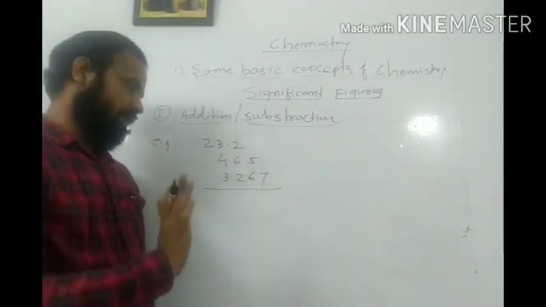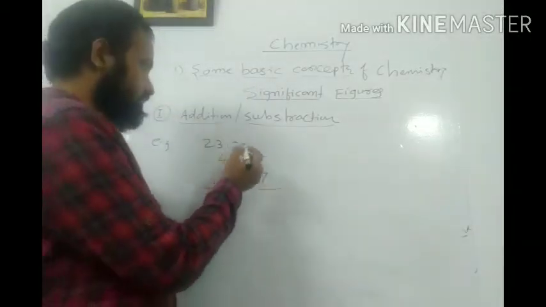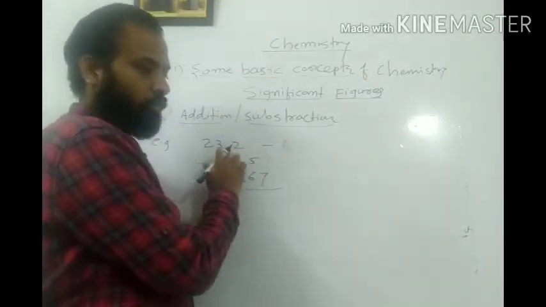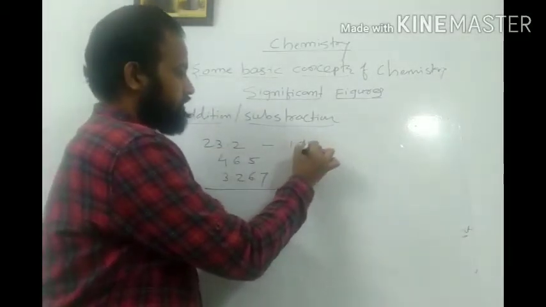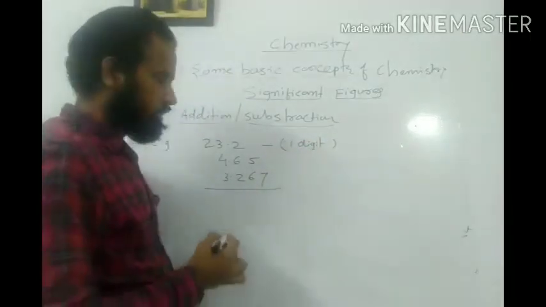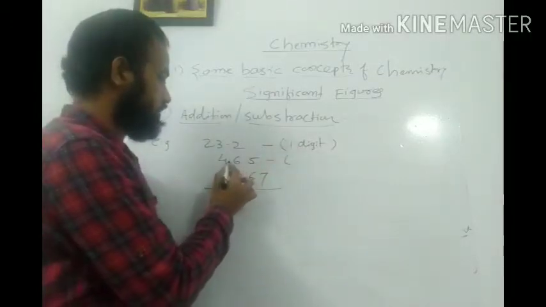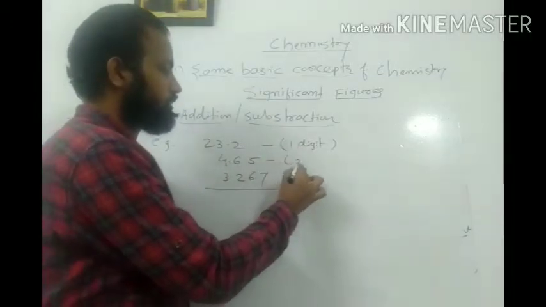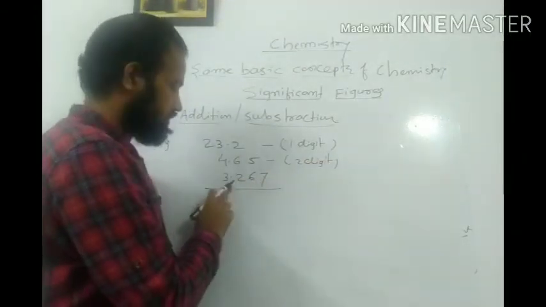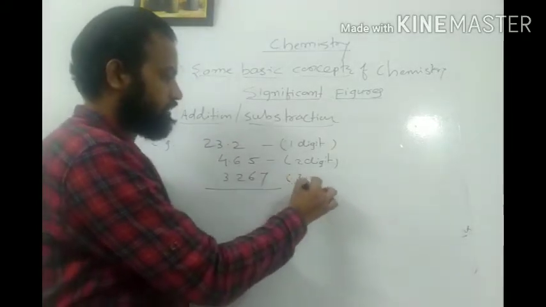Before addition, I note after the decimal point: the first number has one digit, the second has 2 digits, and the third has 3 digits.